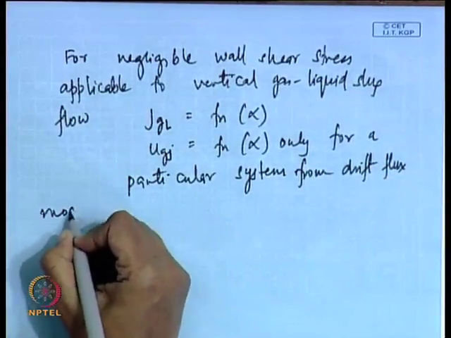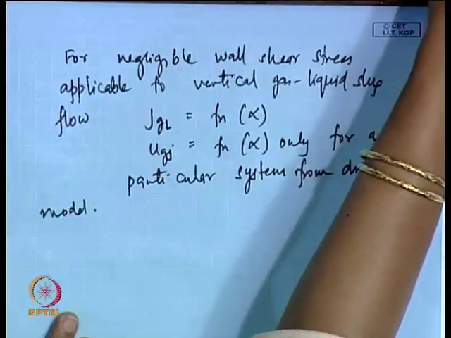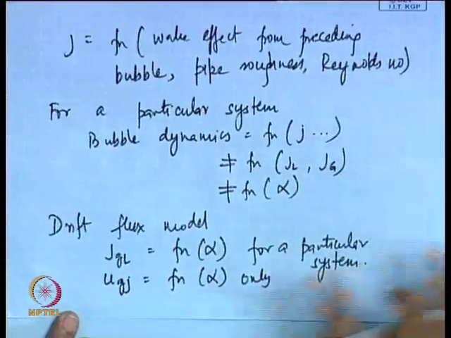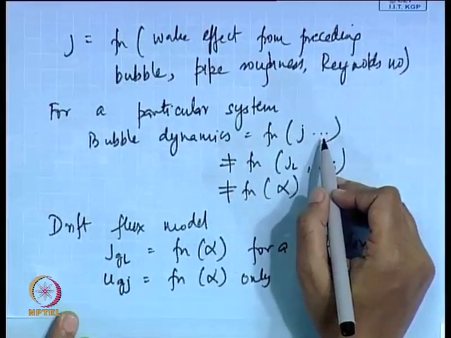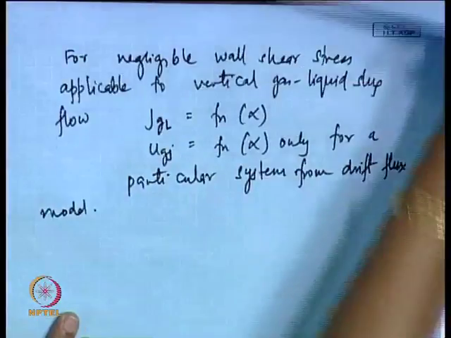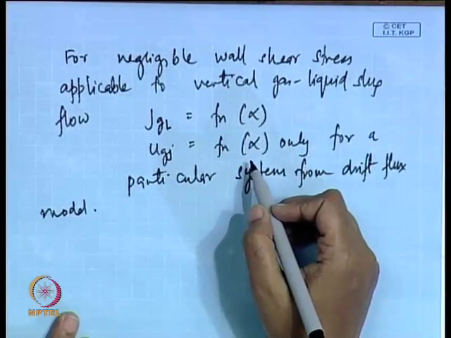Agreed? So, we have said two contradictory things. Once we have said bubble dynamics is a function of J only, from slug flow, and again from drift flux we say bubble dynamics is a function of alpha only. It cannot be a function of J.